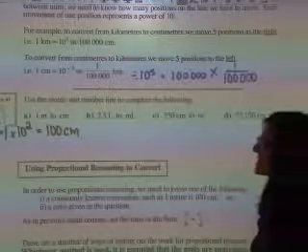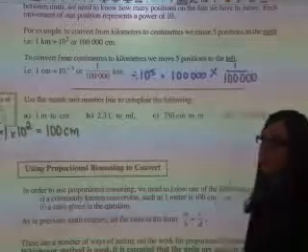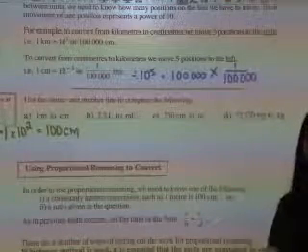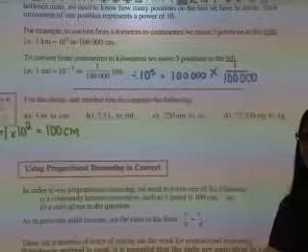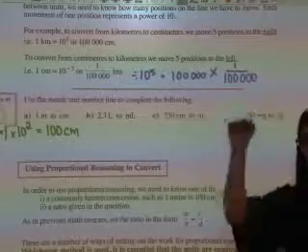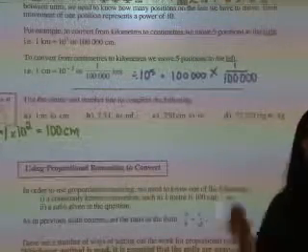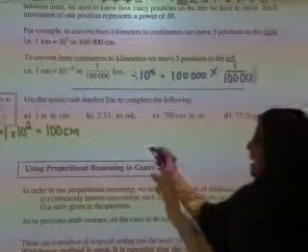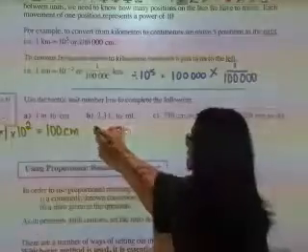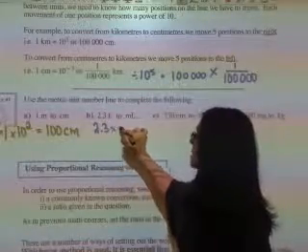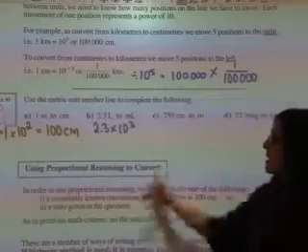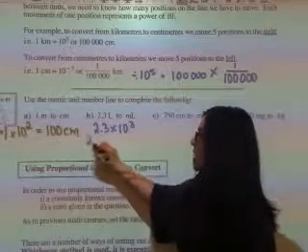So if I look at the next example, 2.3 liters to milliliters, if you look on that number line, if I'm moving from liters, which is that middle column, to milliliters, how many places? 3. And it's going to the right, so it would be a 10 to the power of 3 that I would multiply by 2.3. 10 to the power of 3 is how much?